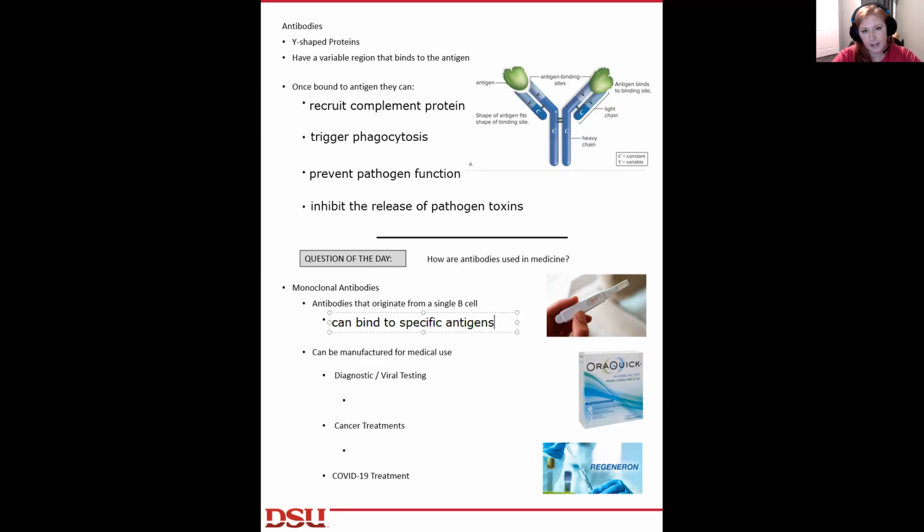Like with COVID-19, you can take the antibodies from a person who has already recovered from it, take their blood, and use those antibodies to inject into another person. You immediately ramp up the number of antibodies that can fight that infection.